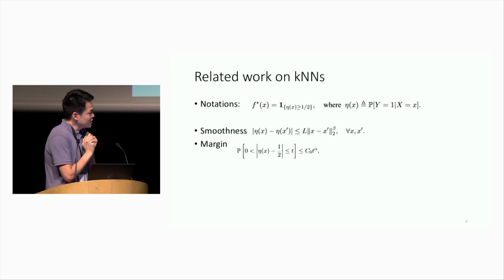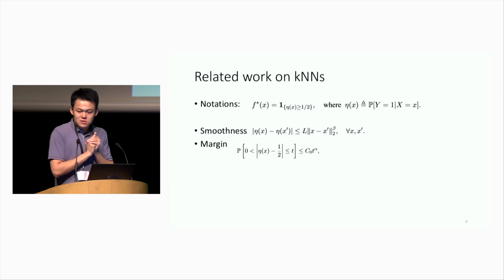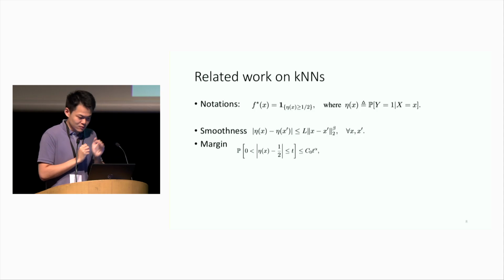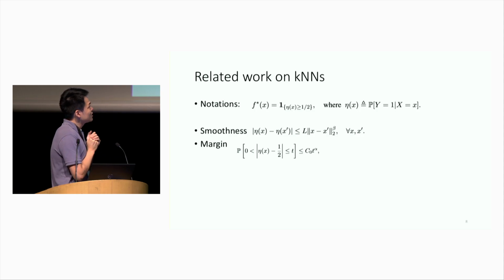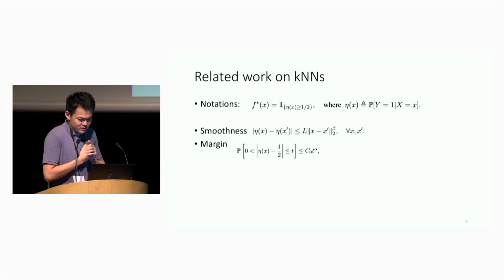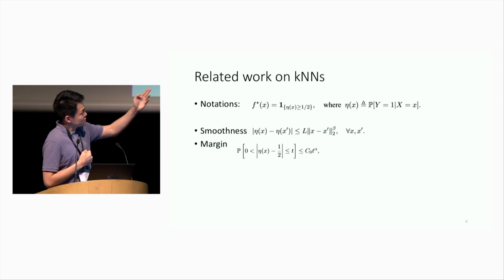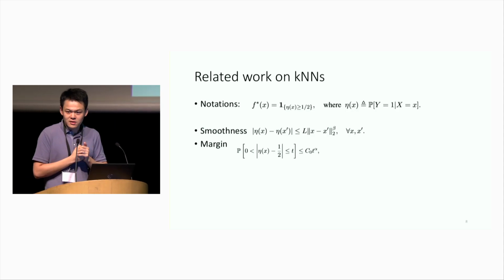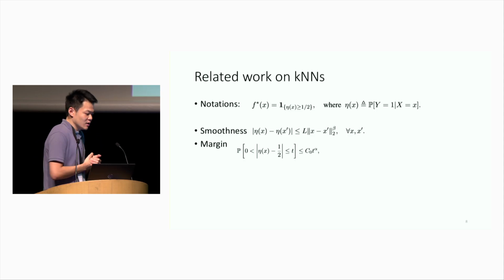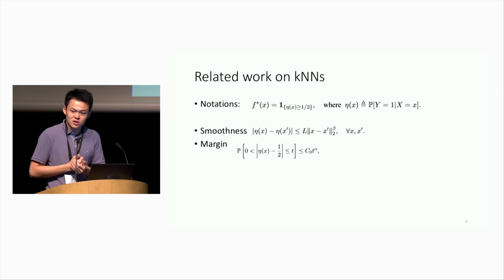We will briefly overview what we know for nearest neighbor classifiers before this work. Sorry, this is a little bit dense on notation, but the only thing one needs to note is eta. You can think of it as the ground truth function: given an input x, what is the distribution of its label? Then there are two types of conditions. One is smoothness, which says eta doesn't change too fast.